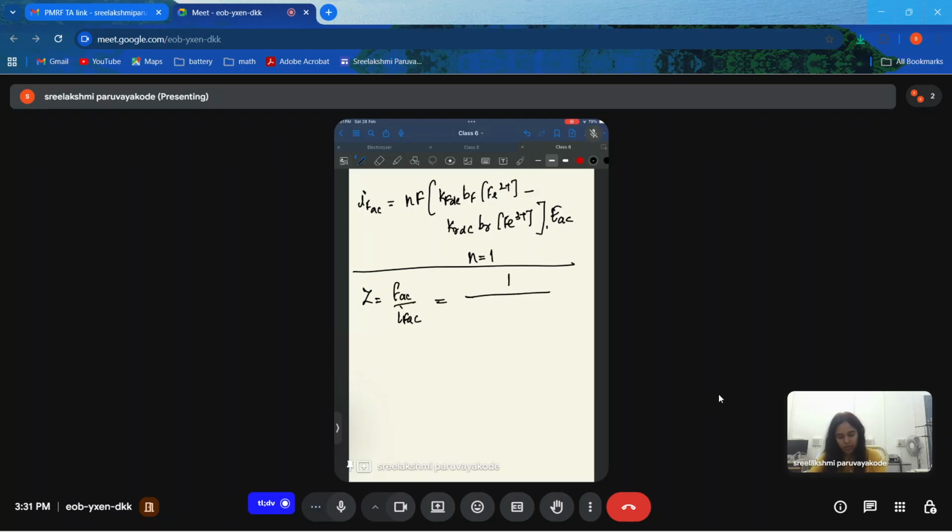So this becomes nF bf kfDC Fe2+ minus krDC br Fe3+. So this is the impedance value.